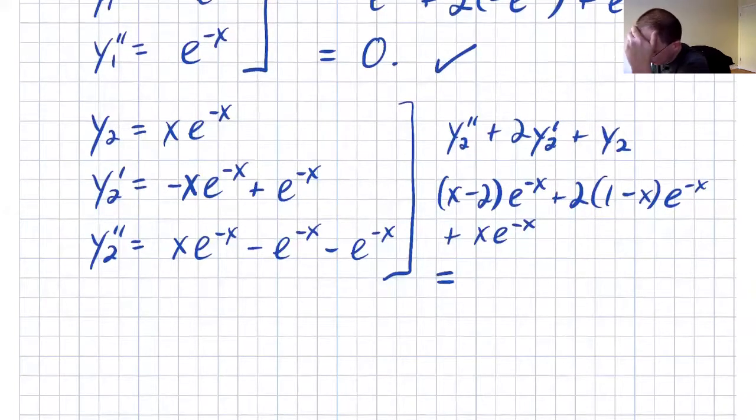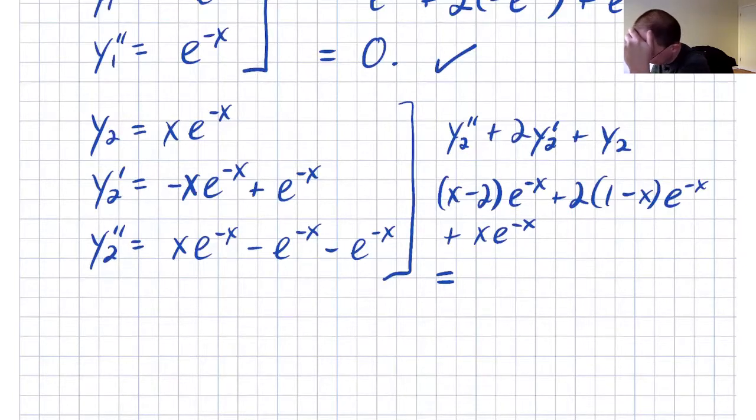Okay, so what do we get? So we have a negative 2 e to the negative x, and we have a 2 e to the negative x, so that will cancel with that. And then we're left with x e to the negative x plus another x e to the negative x. So those will combine to be 2x e to the negative x.